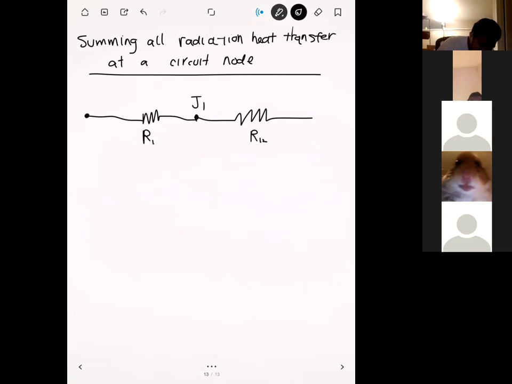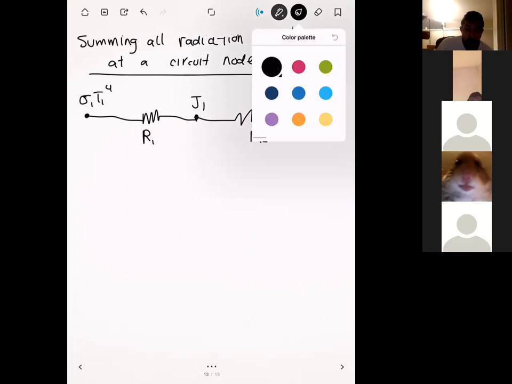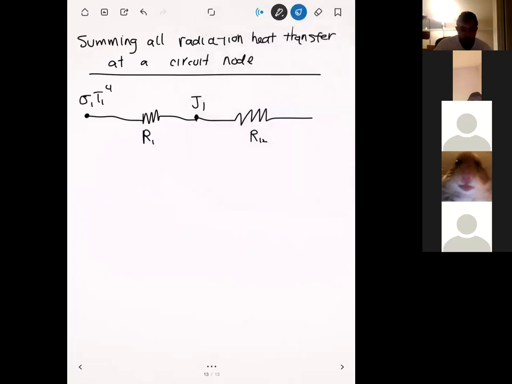This is just the left side of the circuit. Let's say we want to sum up all of the radiation that goes into J1. What I mean is that we have to consider all the heat transfer that's coming into this node and all the heat transfer that's going out.